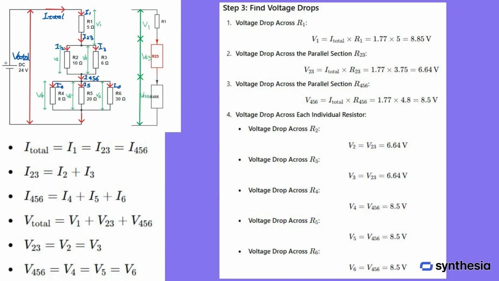V23 equals I23 times R23, and we know I23 equals I total equals 1.77 amperes and R23 is equal to 3.75 ohms. So V23 is equal to 6.64 volts. Similarly, we can get V456 is equal to 8.5 volts. From those relationships we got before, we know V2 equals V3 equals V23 is equal to 6.64 volts, and V4 equals V5 equals V6 equals V456 is equal to 8.5 volts.